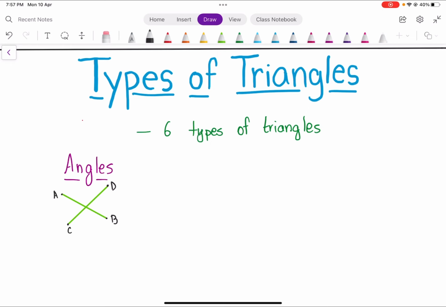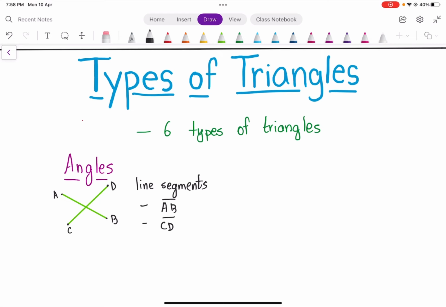So over here, our line segments are AB and CD. Whenever we have a line segment, it's usually denoted by a small line above the name of the line, so we can tell that it is a line.